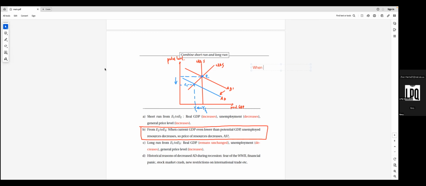So you should see, when the current GDP is lower than potential GDP, the number of unemployed labor will increase.